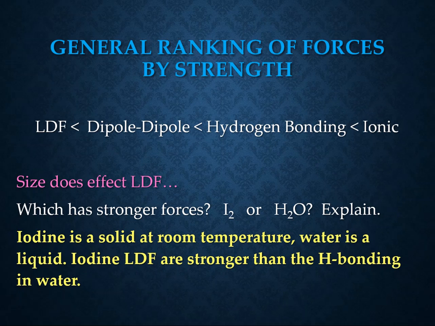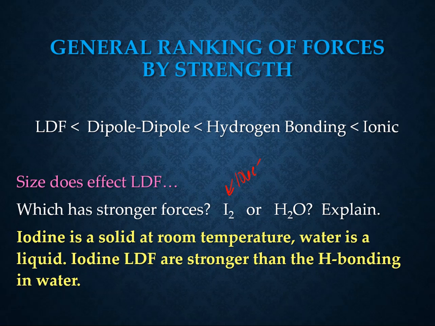So in this particular case, the size of those LDFs: iodine has 106 electrons in its cloud. It has 2 atoms of iodine. They both have 53 electrons. It's a linear shape. It has a very polarizable cloud, and therefore its London dispersion forces are much greater than the small hydrogen bonding forces in the water.